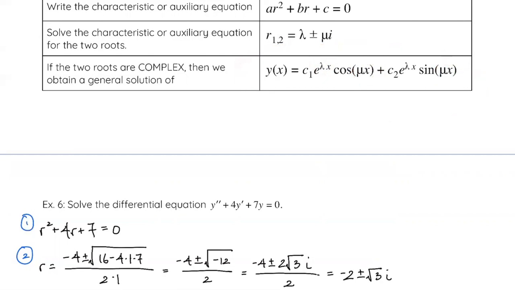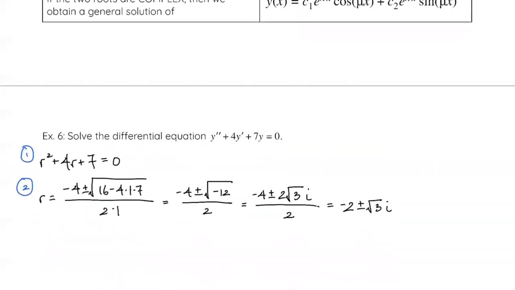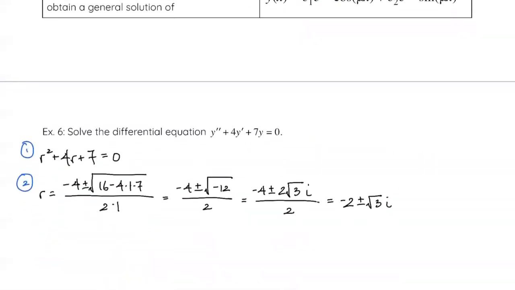So we have to be able to identify our lambda and our mu. That's why I took the time to simplify my answer here. So that root 3 is going to be the mu, and our -2 will be the lambda.